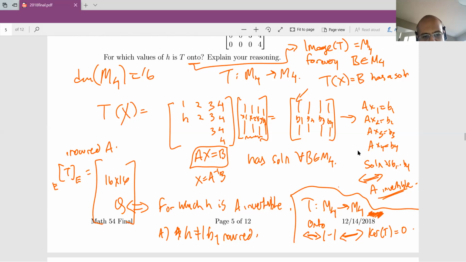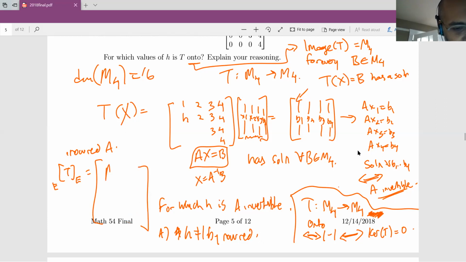It's just some matrix that's being used to define the linear transformation. I mean, you can write down the matrix of the linear transformation T. Actually, if you write it down, it looks like this: A. It's a 16 by 16 matrix with a bunch of A's on the diagonal, one for each column.